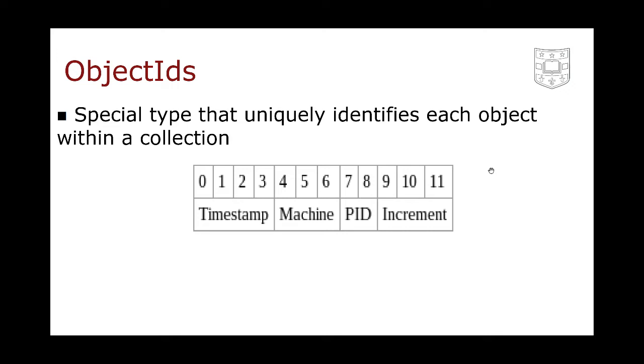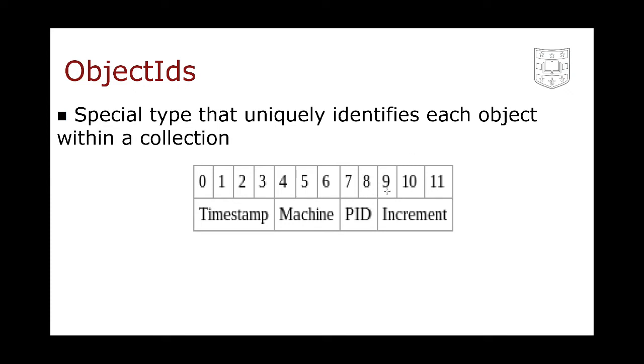Consider that we've got multiple levels of concurrency here. I've got different machines doing things at the same time. That's one level of concurrency. Within one machine, I've got different processes doing things at the same time. That's another level of concurrency, right? But within a single process, I have multiple threads doing things at the same time. That is yet another level of concurrency. And so this last value here, this increment, is because threads can be spawned with the same process ID, right?